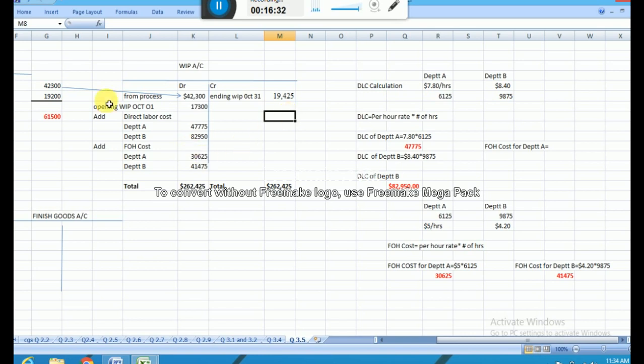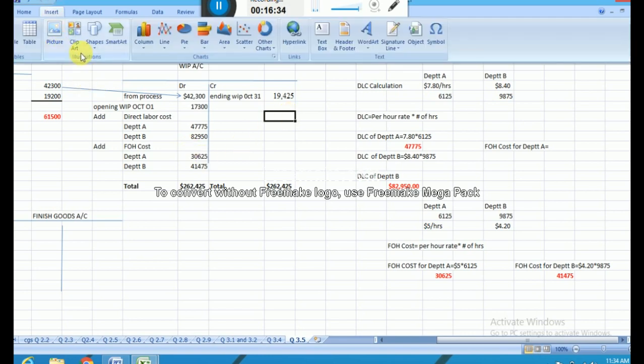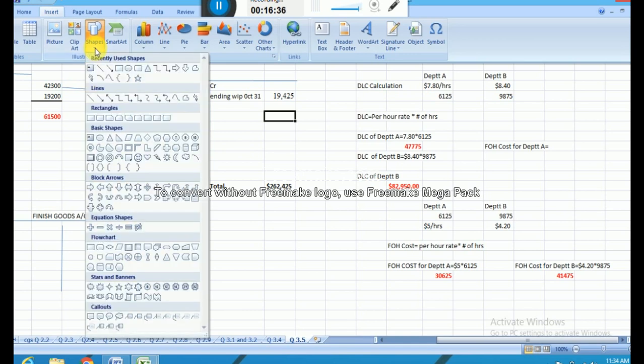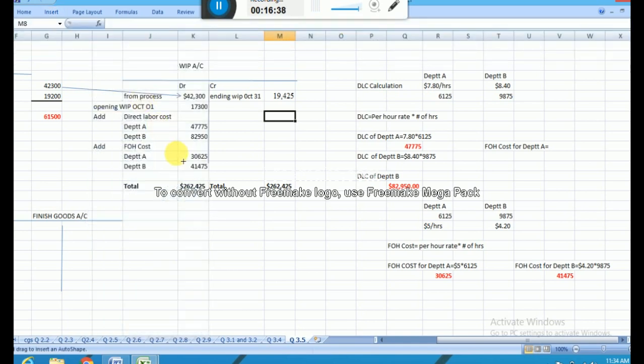So the gap between this total work in process and this will be our finished goods. Why? Finished goods will be produced when work in process ends.